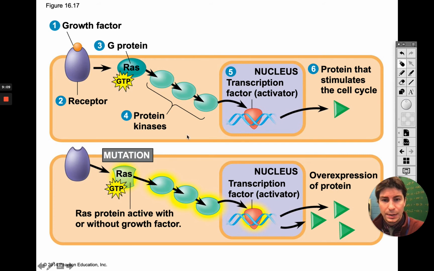Here up top we have the RAS gene. Everything is good here. We have a protein that tells the cell to go through the cell cycle. Down here we have a mutation, which causes overexpression of that protein, and that causes the cell to go through the cell cycle a lot faster than normal. So instead of doing that 90% interphase as normal, it's going to speed that up.